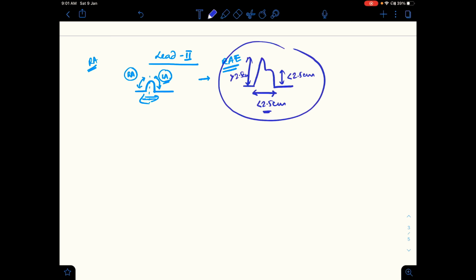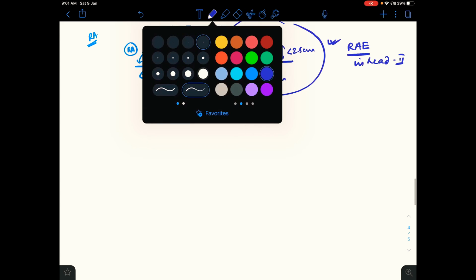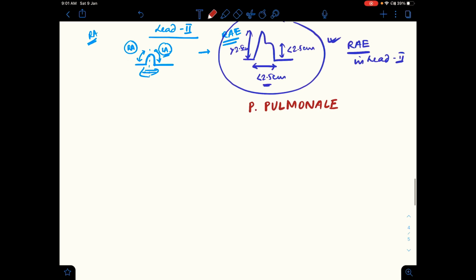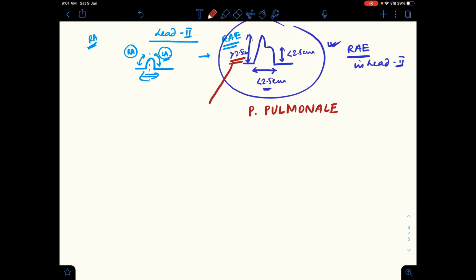This is the finding for right atrial enlargement in lead 2. We call this finding P pulmonale, or if it's very high, around 5 centimeter or more, we call it Himalayan P waves.